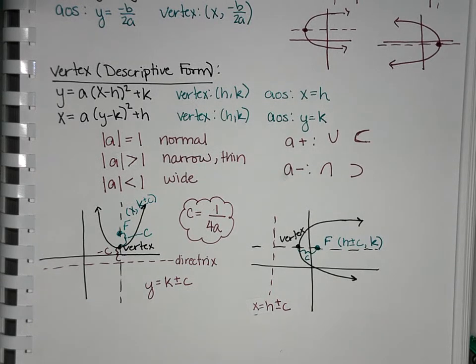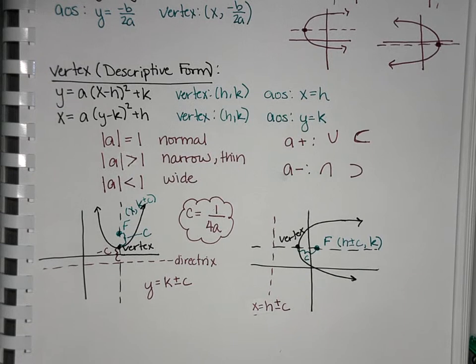So what I do want to do before we call it quits on our notes is one example where we find all of this information and then graph it. And then the second example I want to do is work backwards, writing an equation of a parabola, because those are the two things we're going to have to do.